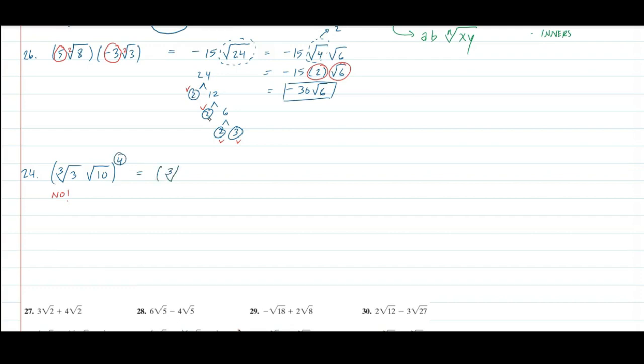And so we can write this as third root of 3, root of 10, times third root of 3, root of 10. All right, that's twice. Third root of 3, root of 10. That's 3 times. Third root of 3, root 10. And that's 4 times. So I just wrote out the same expression 4 times.